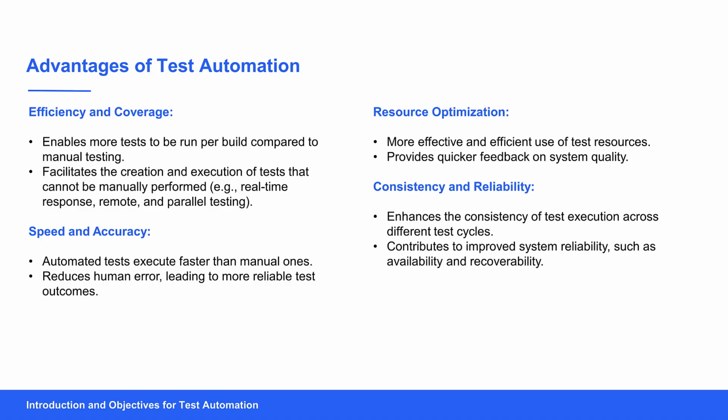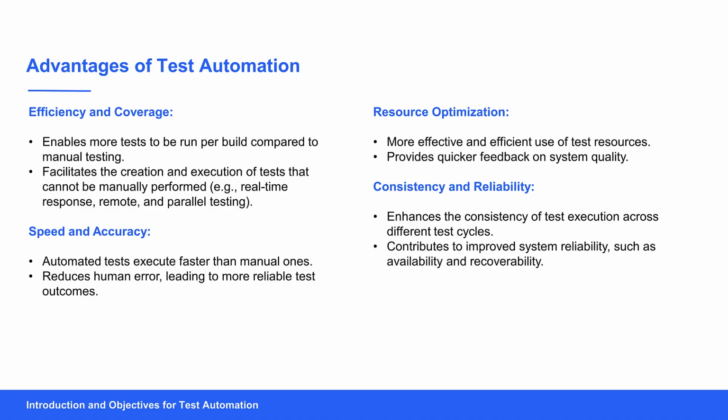Automation is also ideal for handling complex tests that would be incredibly difficult to execute manually. For example, testing scenarios that require precise timing or need to be executed simultaneously across different environments are a breeze with automation. Additionally, automated tests are executed much faster than manual ones, which means you get your results quicker. And let's not forget about the consistency.